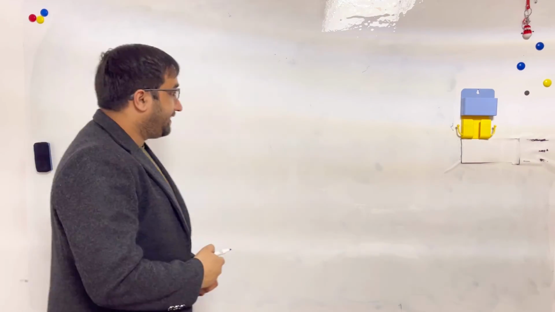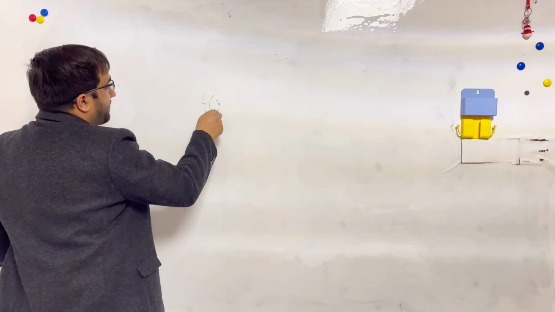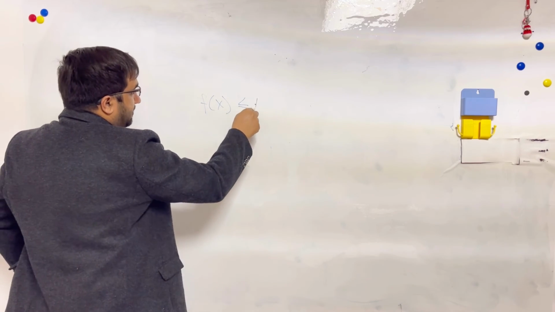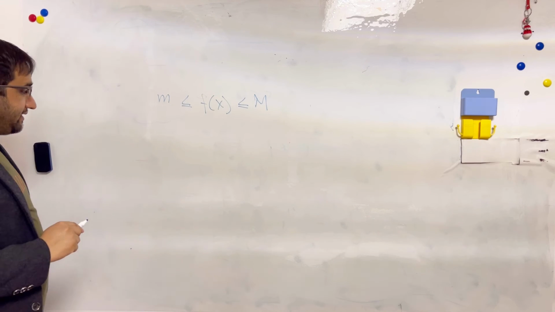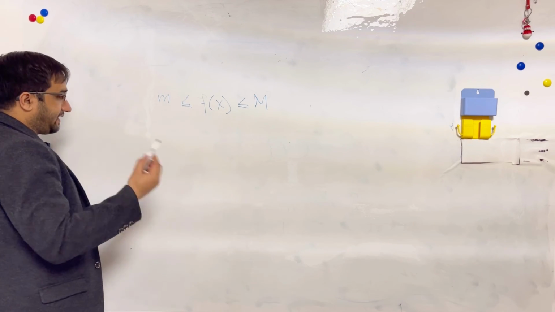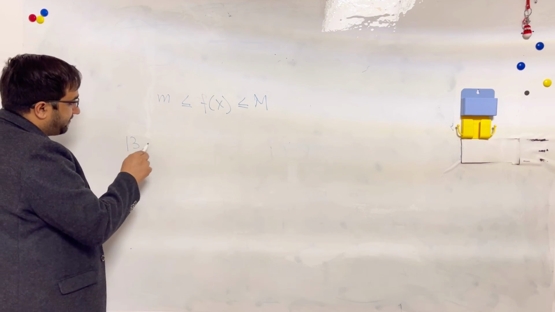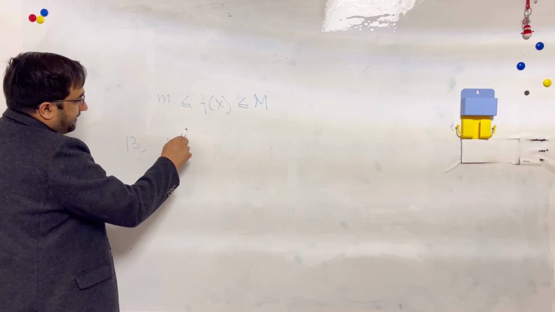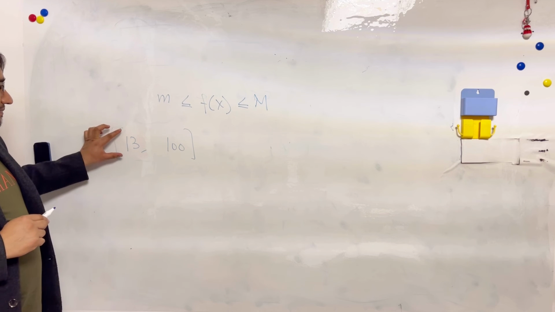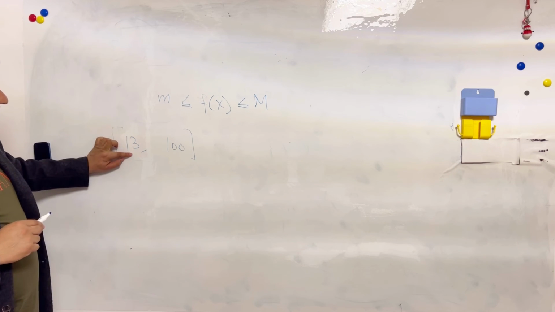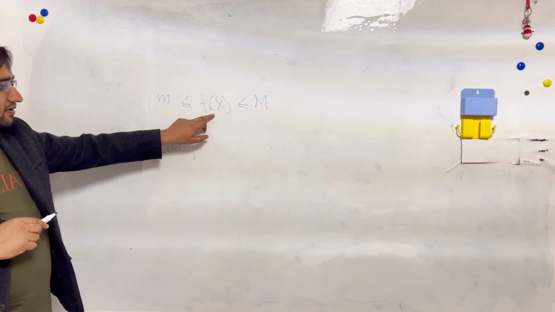And then if your function f of x is bounded between two numbers, meaning the value of the function is always contained in these two points, for example, the minimum number m will be 13. The minimum of the value will always be 13.